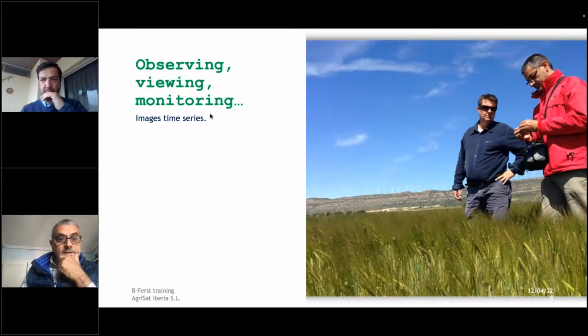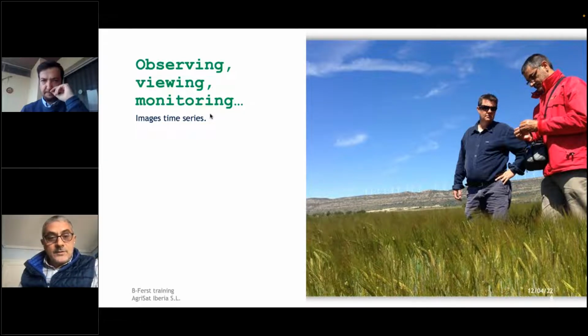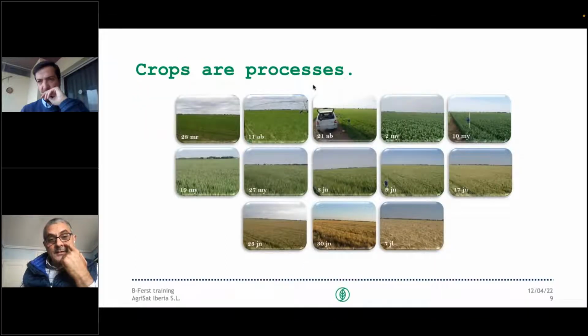First, when we say observing, viewing, monitoring a crop, we go to the field to inspect the growth also, but how many times is it necessary to go to the field to inspect a crop, any crop? You have to take into account that crops are processes.